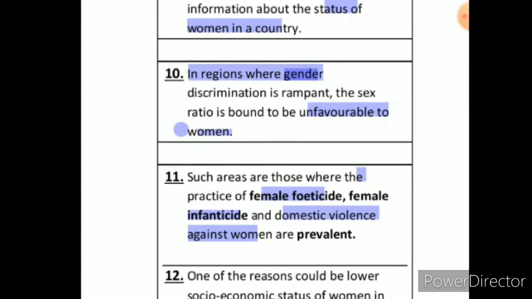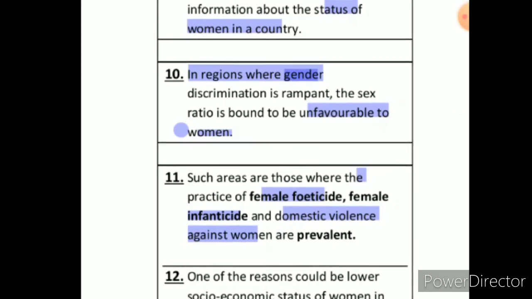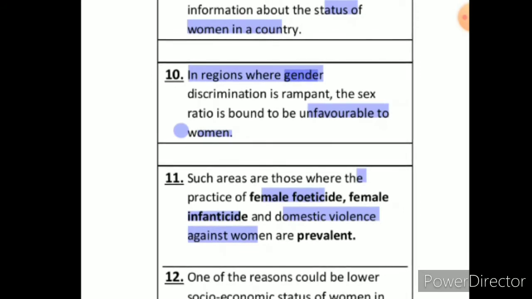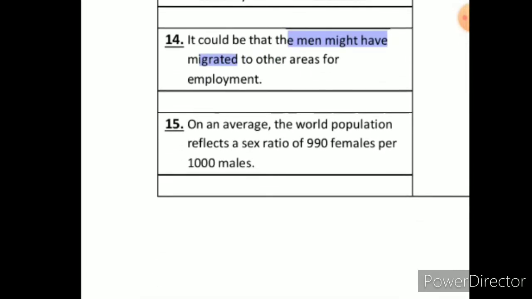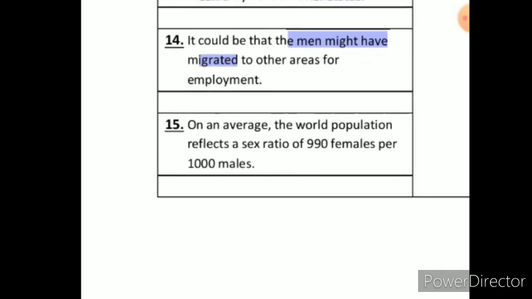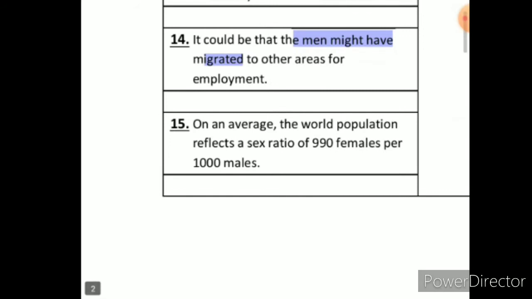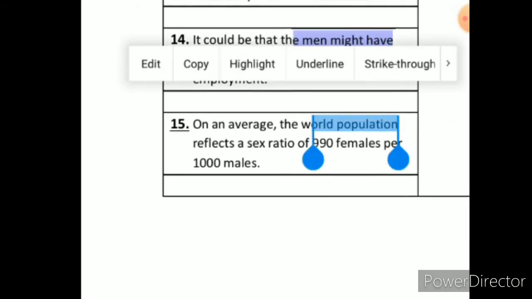It may be because men have migrated from that area to other areas. That may be the reason why you find more women in number. Otherwise, in maximum areas India doesn't have women in greater number. Then, on average, if we take the average of world population, then we'll see.